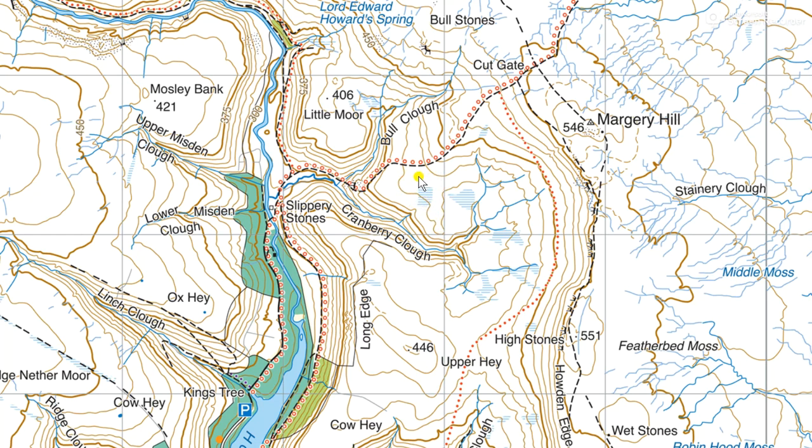So the oval is this large flat area here before it continues on and drops away straight down into Cranberry Clough and Bull Clough Junction, and then Upper Misden Clough and Lower Misden Clough. So that is those two.